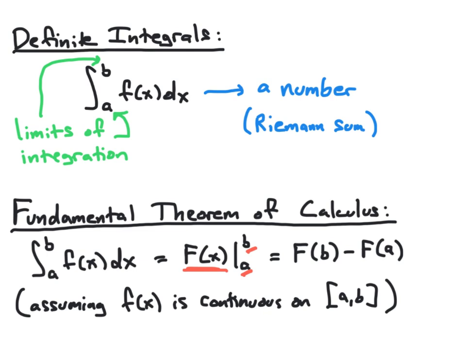So our definite integral from a to b of f of x is going to be capital F of b, our antiderivative evaluated at the upper limit of integration, minus capital F of a, the antiderivative evaluated at our lower limit of integration. This will hold as long as our integrand f of x is continuous on the closed interval between a and b, which is the case for most of the functions we'll consider.